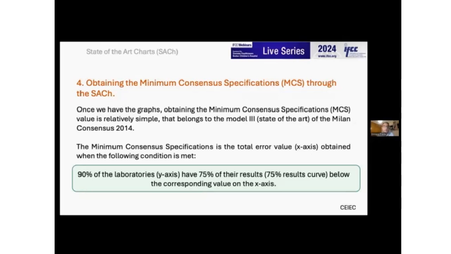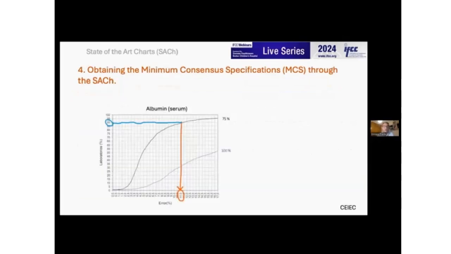Let's see some examples. Albumin in serum. We draw our blue line from the 90% y-axis, reach the 75% curve, draw our vertical line, and reach the x-axis. The specification we would obtain would be 11%, which is indeed the published value.